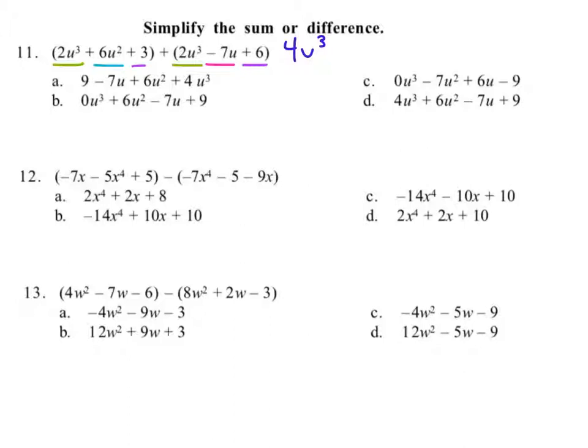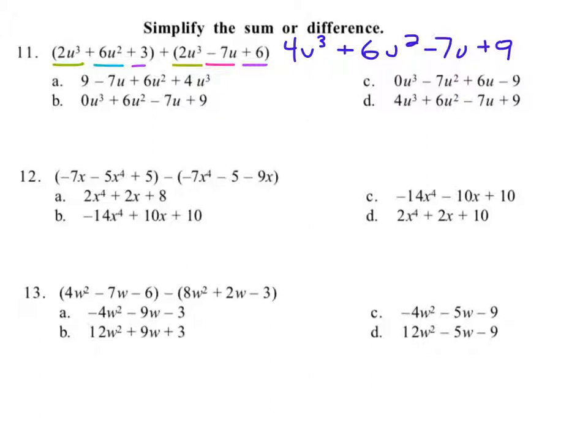The next one is the u squared term, and there's nothing that combines with that. There's no other u squared term, so we just write it as it is, plus 6u squared. There's nothing that combines with the u term underlined in pink, so we just write that negative 7u, and then the two constant terms underlined in purple, positive 3 and positive 6, combine to be positive 9.